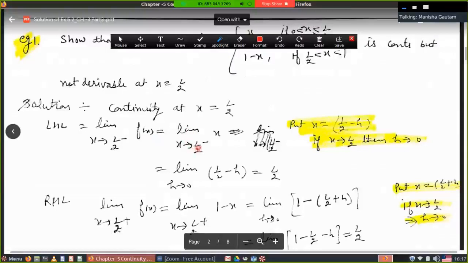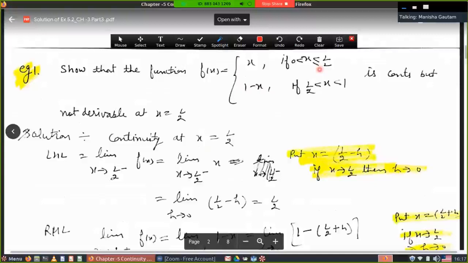Limit x tends to half negative of x, because less than half y is equal to x. I have put here x. Limit x tending towards half. Replace this x by what? Half minus h. If x tends towards half, then h tends towards 0. It means when you change the limit to h tending towards 0, you are getting half minus h. Put h equal to 0, you are getting half.